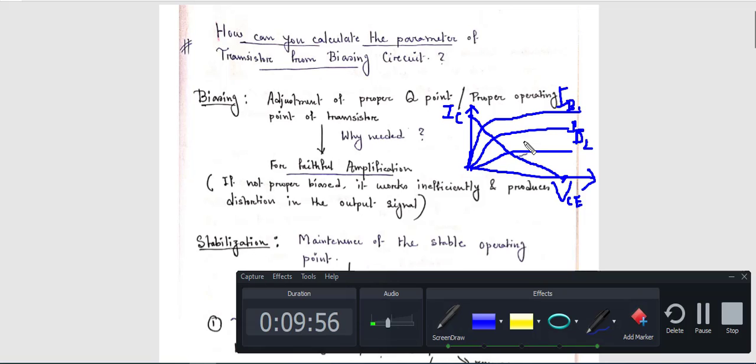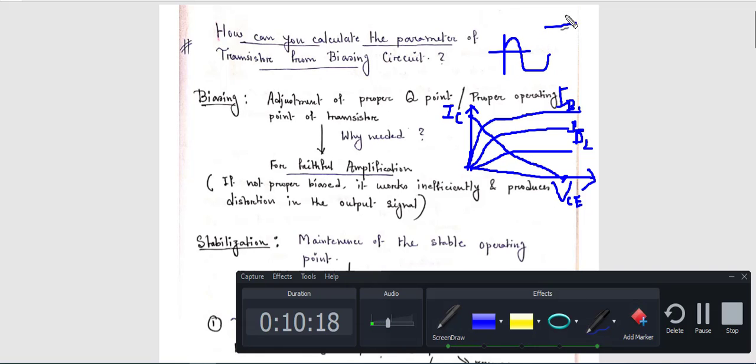Now the question is, if biasing is not done, then what happens? Why is biasing needed? Basically, if biasing is not done, then it is seen that the transistor works inefficiently and produces some distortion in the output signal. Suppose you have a sinusoidal signal like this.